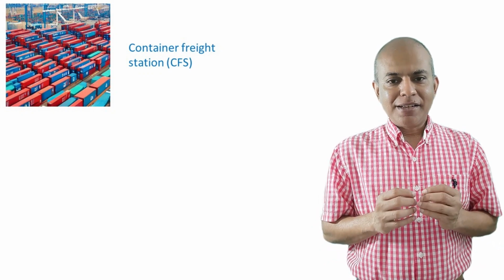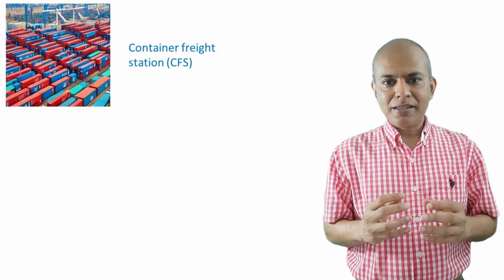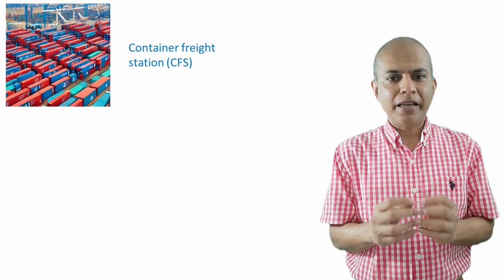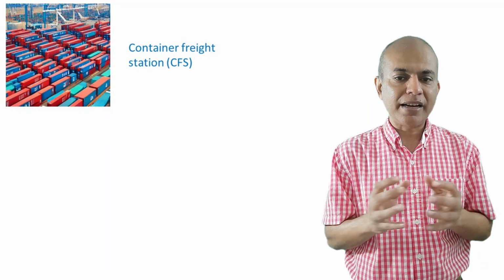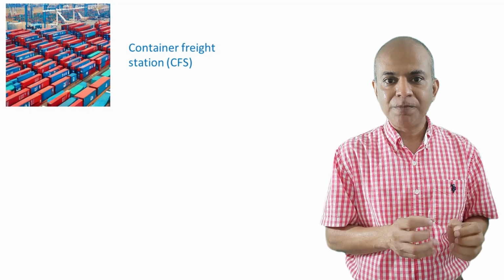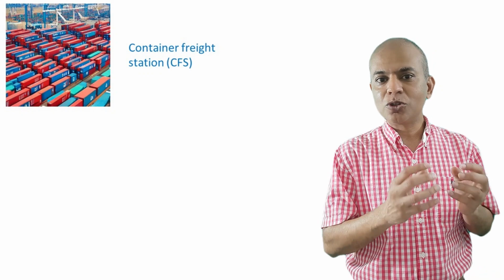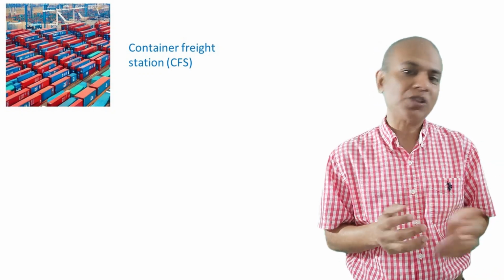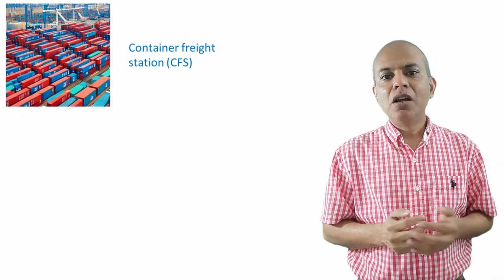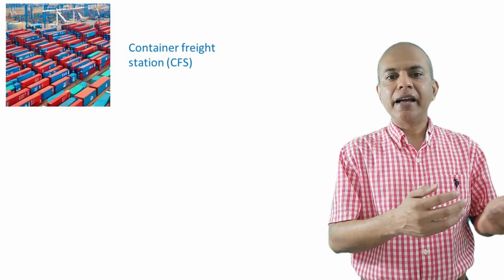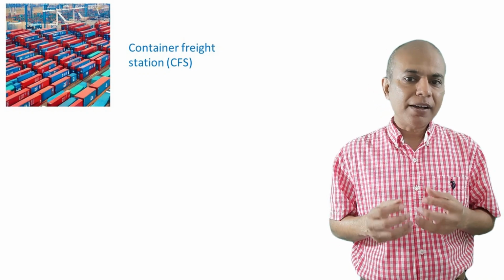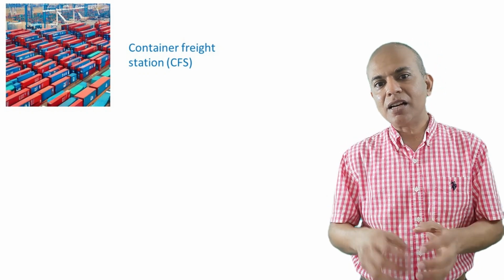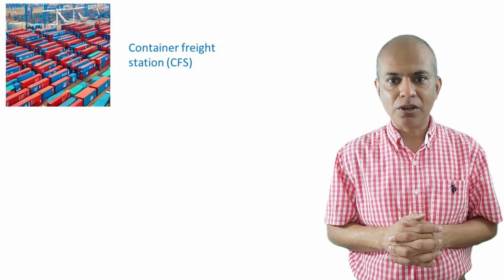Now, container freight stations do these tasks. One task is, well, customers or suppliers fill in containers at their facility. They send it to the container freight station, and the container freight station loads those onto ships or sends them over to be loaded onto ships. Second is this idea that ships come, the containers are unloaded, moved out from the dock and stored at container freight stations, and then the containers are sent to the customers wherever they are destined.